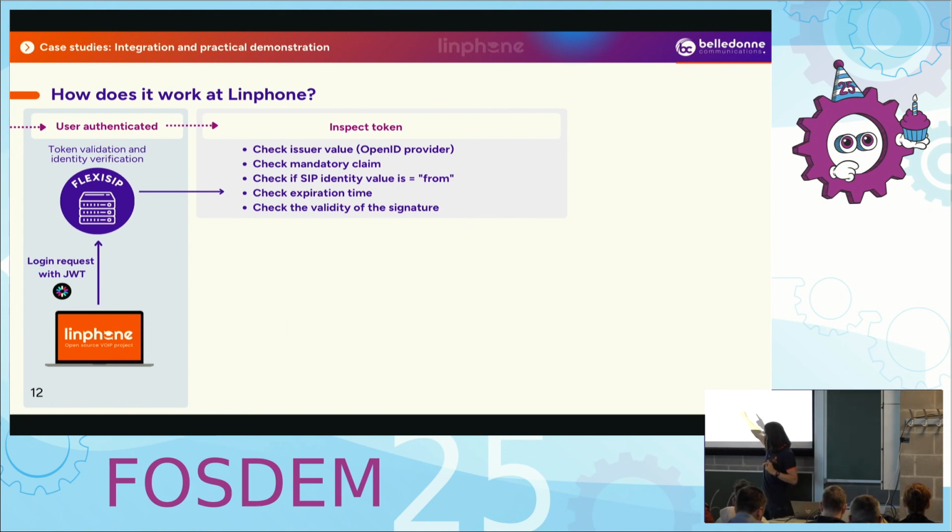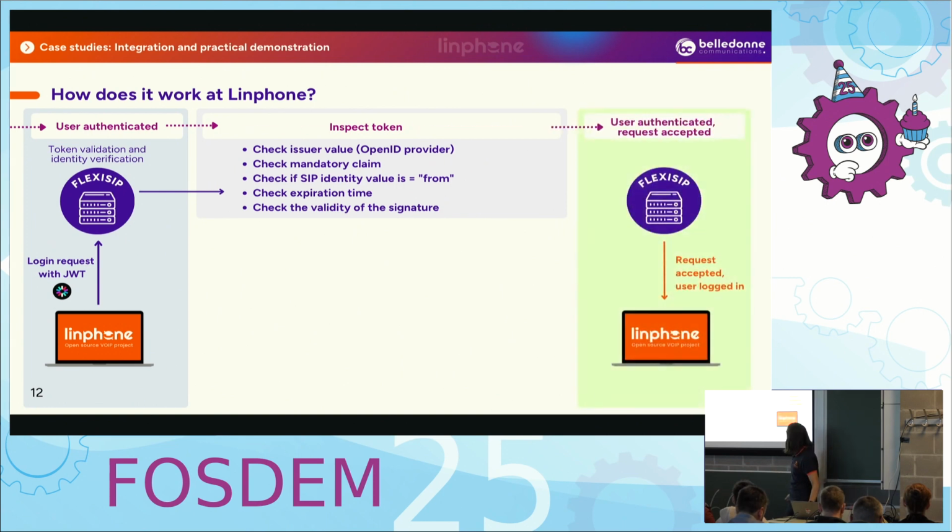Check the expiration and check the validity of the JWT token thanks to its signature. We do not perform live checking, we rely on the signature of the JWT token. And then the registration is accepted.